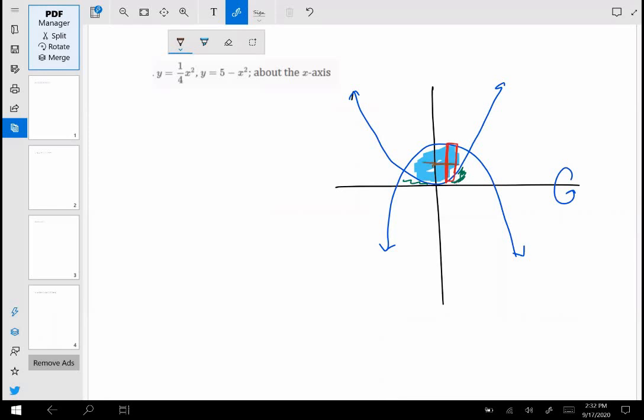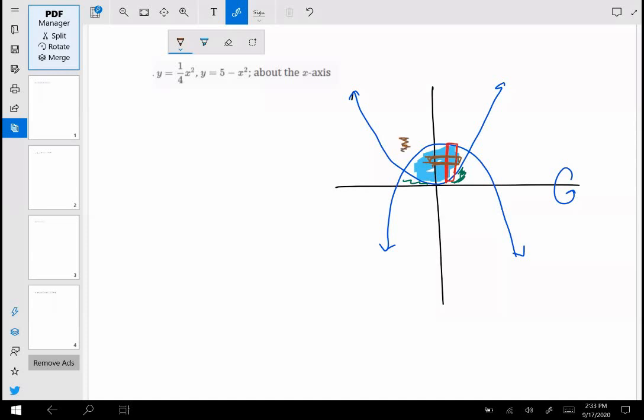Now, if we did the shell method, then our rectangle would go this way, all right? And then we would have to rotate that sucker around. Now, a distinct disadvantage to that would be on this upper part.